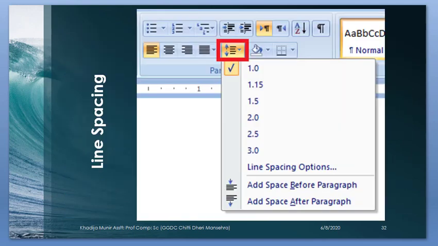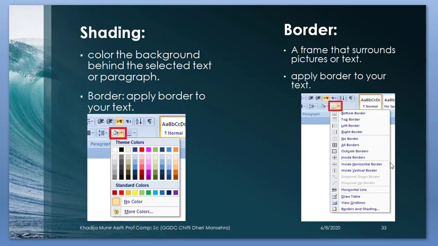And you see over here in the picture, this shows different line spacing and line spacing options, and you can add and remove spacing before and after. Then another option is shading and border. What is shading? Coloring the background behind the selected text or paragraph is called shading. And border applies a border to your text.